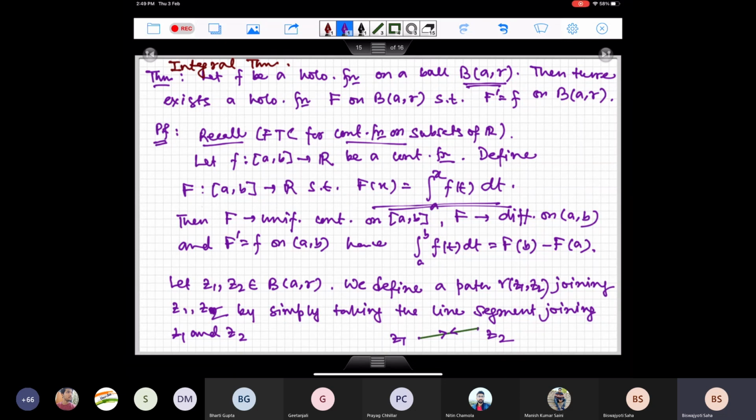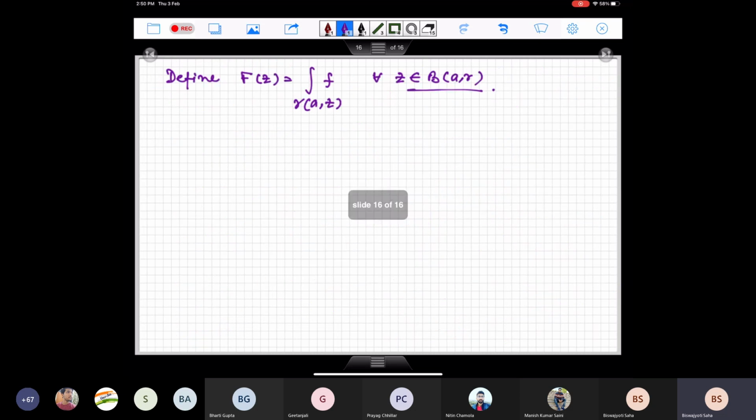Yes. Since we are studying something a little bit beyond real analysis, you also need to keep in mind what happens in R and how things happen. So we take some intuition from there and create this function capital F. Fine, now I need to show that capital F prime is little f.